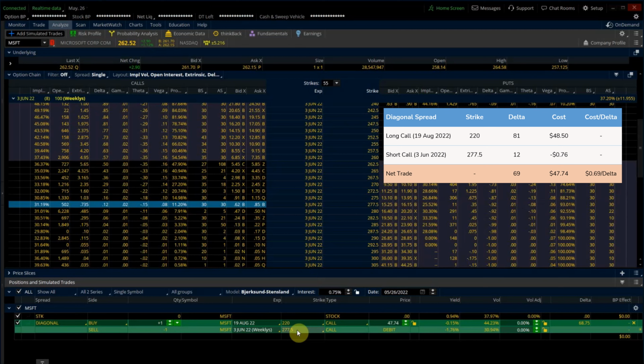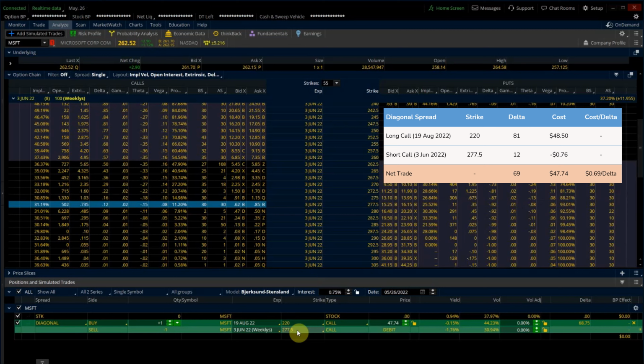So if I look at it from a cost per delta perspective, if I were to enter this diagonal spread trade, it actually costs me 69 cents to capture every delta move of the underlying. How did I get this number? It's basically taking the cost to enter the diagonal spread, which is $47.74, divided by the total net delta of 69.